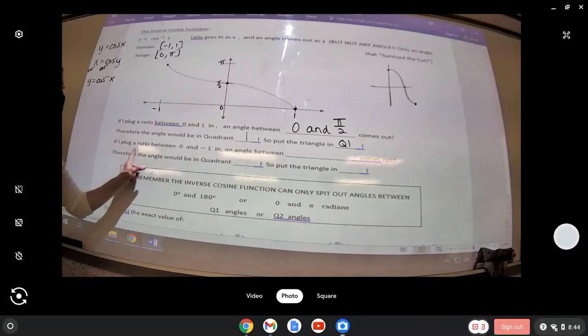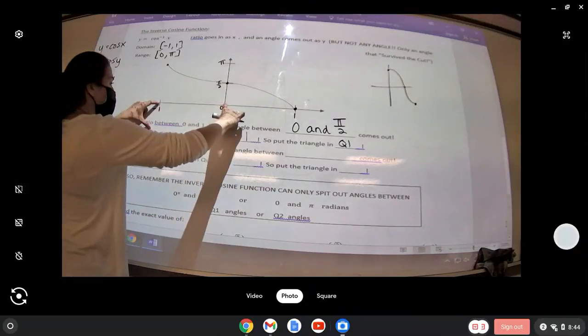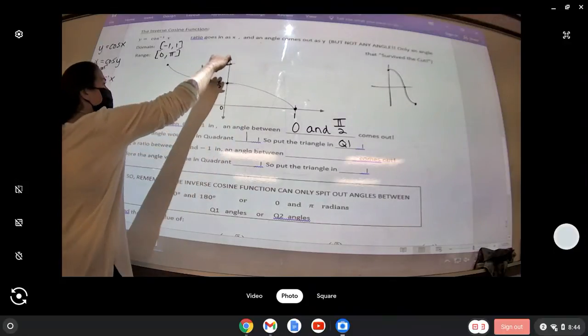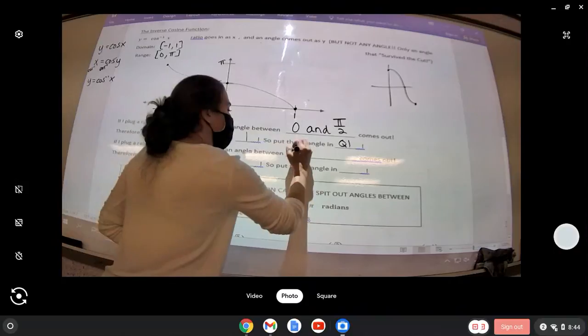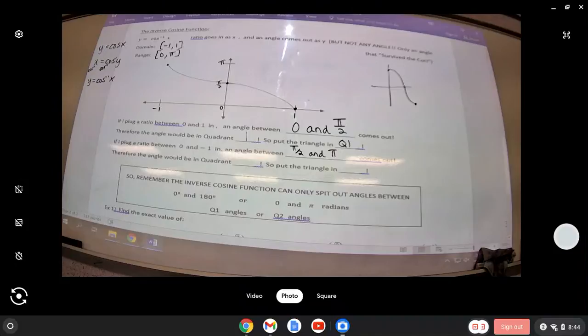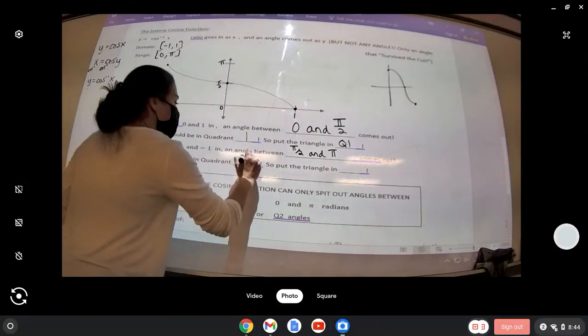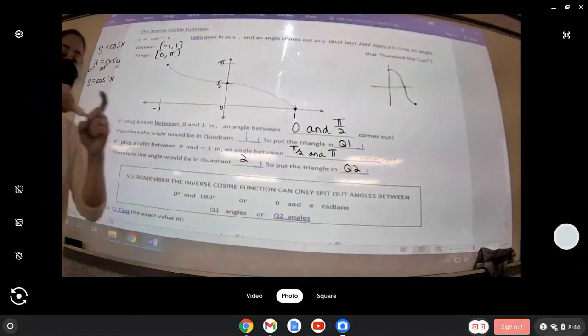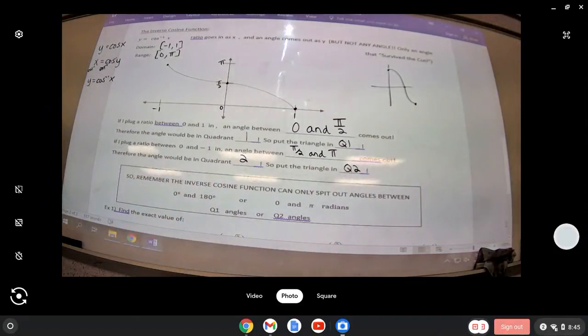And then it says, if I plug a ratio between 0 and -1 in, an angle between pi over 2 and pi comes out, which are my quadrant 2 angles. So when you take the inverse cosine of a negative ratio between 0 and -1, it's going to spit out your quadrant 2 angles. So you would put that angle in quadrant 2. So the positive ratios get you your quadrant 1 angles. Your negative ratios get you your quadrant 2 angles.